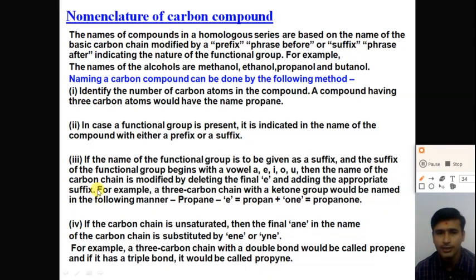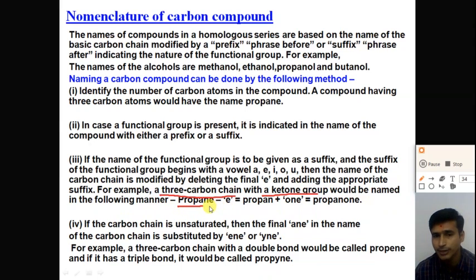For example, if a 3 carbon atom chain is there with a ketone functional group, the 3 carbon atom chain is named propane, right?